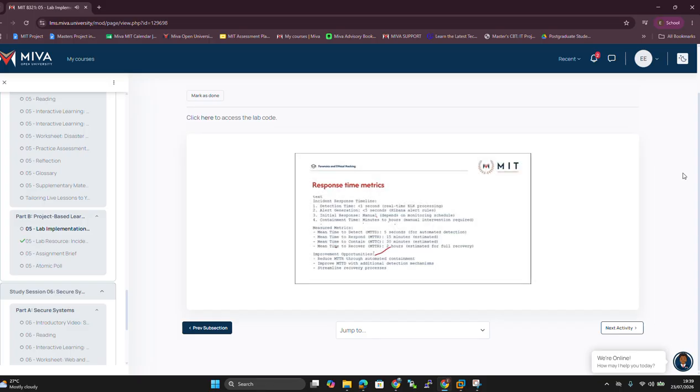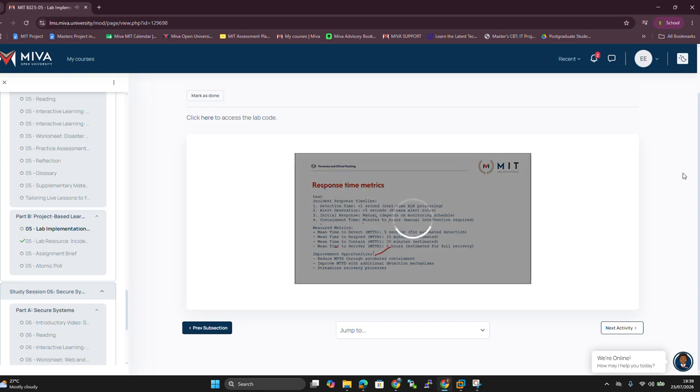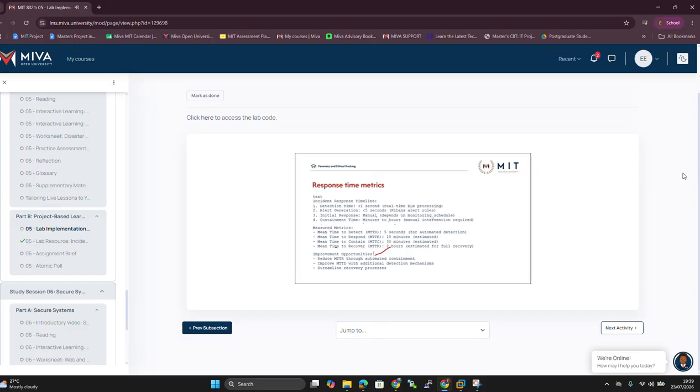So for measured metrics, we have a mean time to detect, which should typically be around 5 seconds. The mean time to respond should be typically 15 minutes by estimate. And the mean time to containment, 20 minutes, mean time to recover, 2 hours.